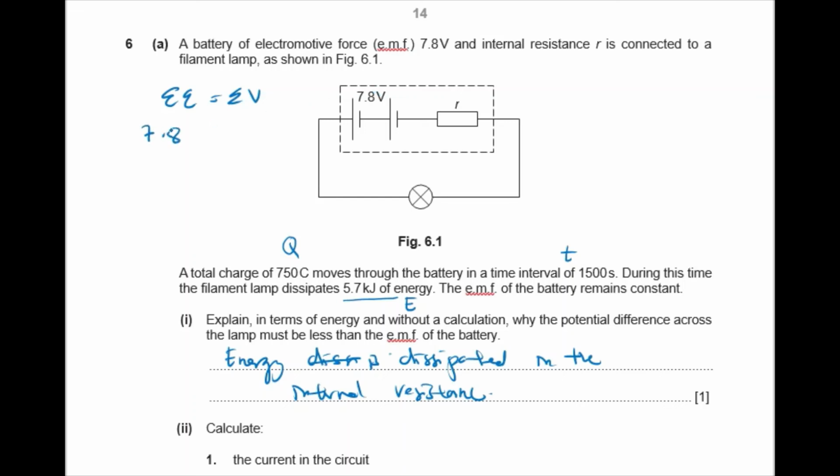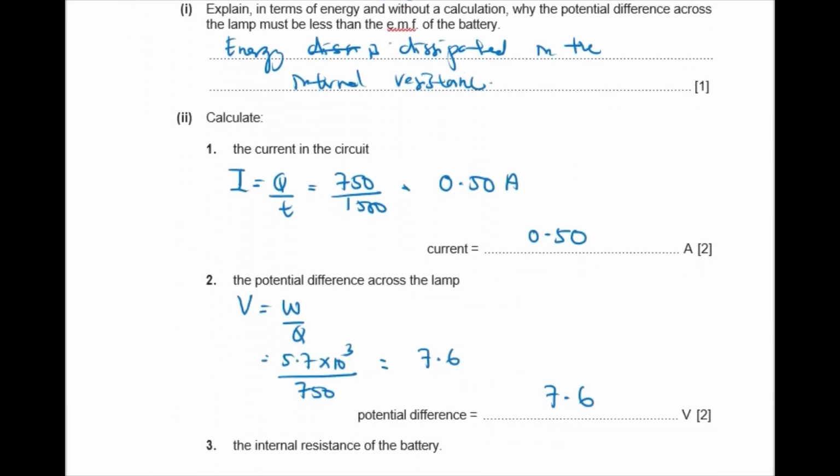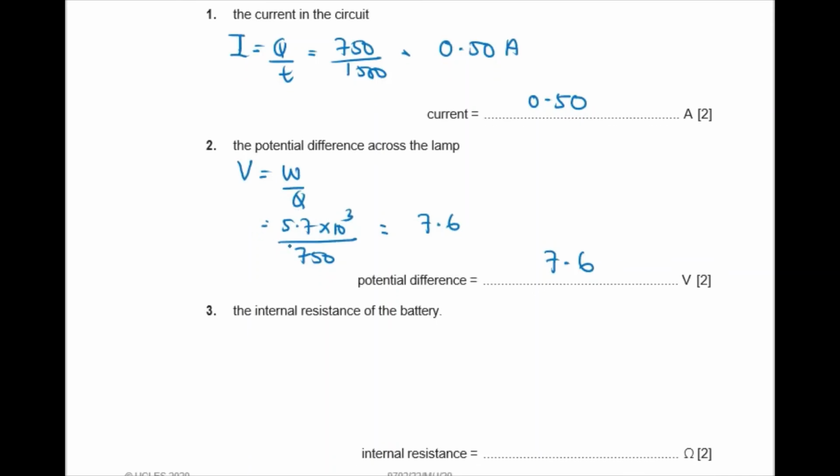EMF is 7.8, equal to the potential difference across the filament lamp plus the potential difference across the internal resistance, because the resistances are in series.